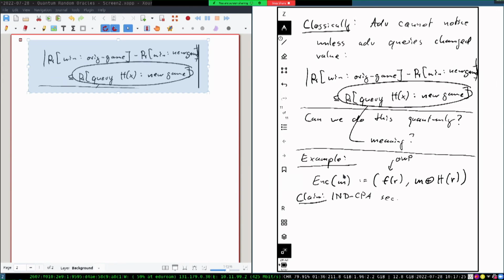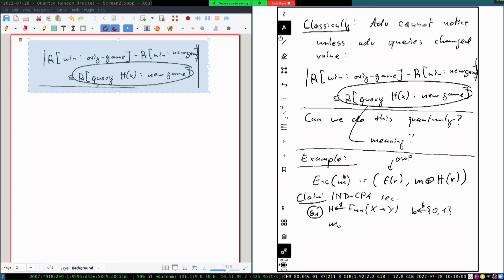So what does IND-CPA secure mean concretely? Let's write it out in the random oracle model. The game that we want to analyze first picks the random oracle as a random function as usual. It picks a bit B that is 0 or 1, because in the CPA security game we will encrypt one of two messages and the adversary has to guess.